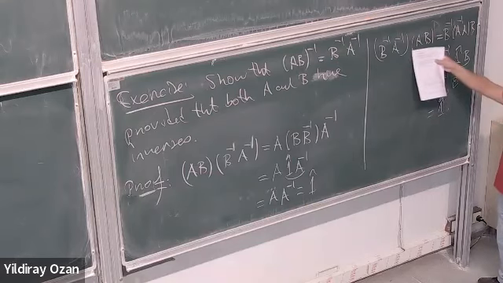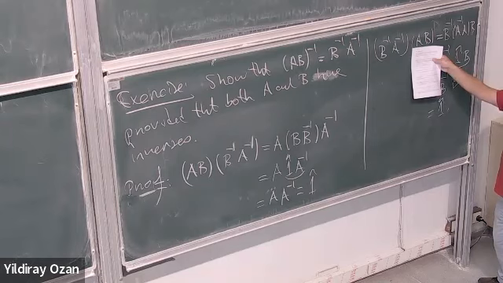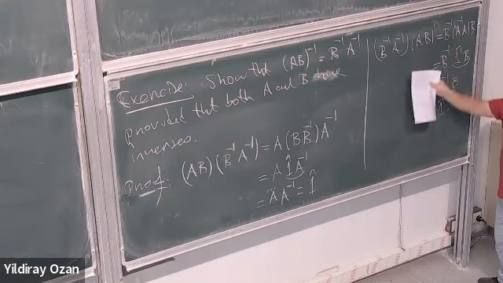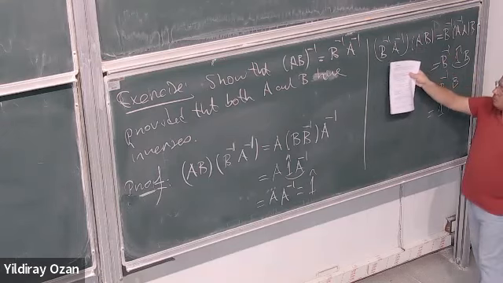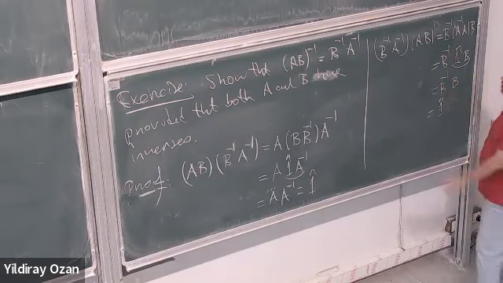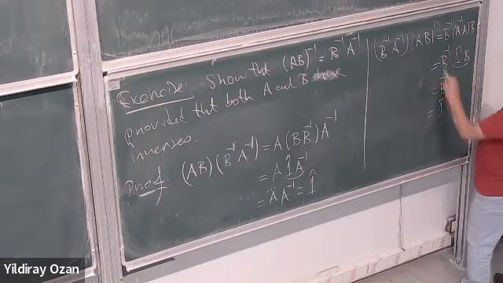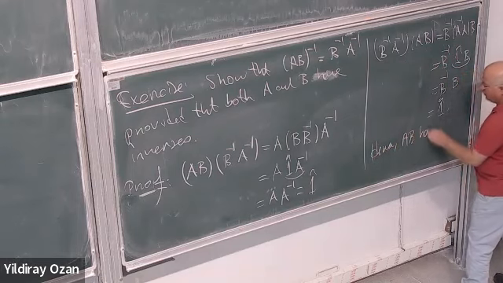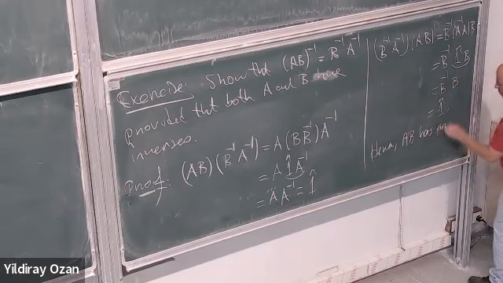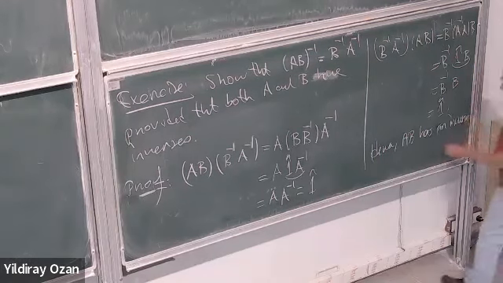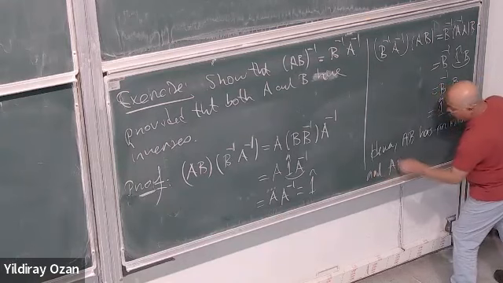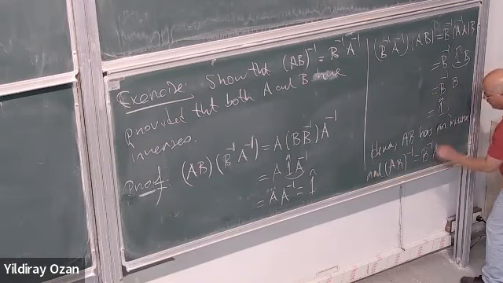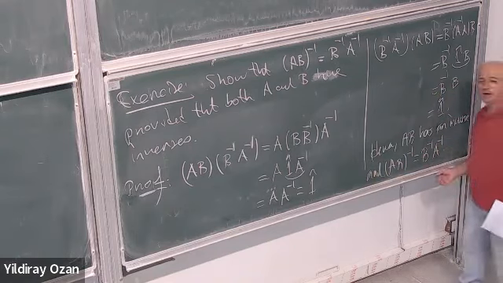So this matrix has an inverse, and this inverse is this one, because if it has an inverse, then it is unique, and this satisfies the conditions of being an inverse. Therefore, this is the inverse of A times B. So hence, A times B is invertible, and that inverse is nothing but B inverse times A inverse.